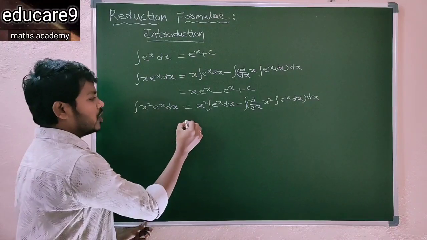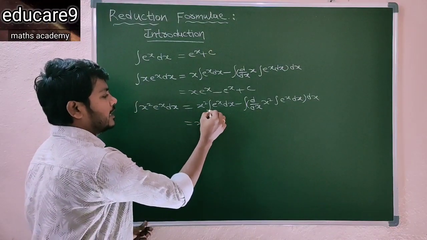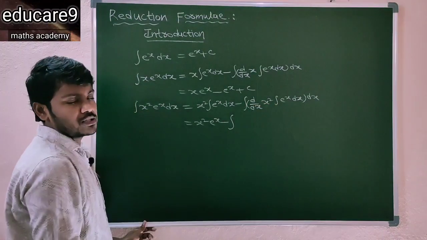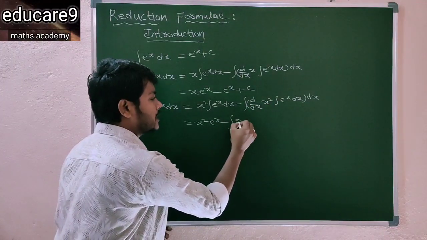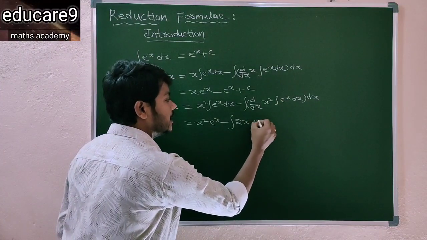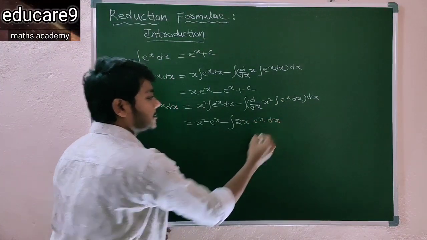This is x square integration of e power x minus derivative of x square, that is 2x, integration of e power x, that is e power x dx.